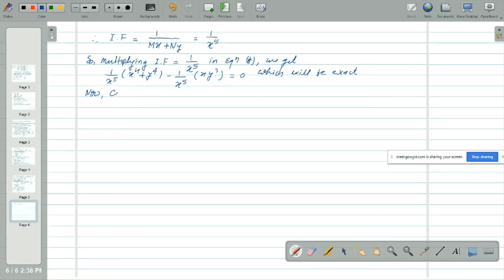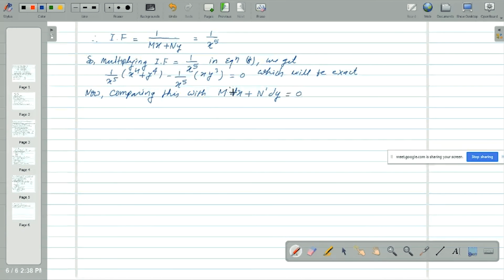Okay, now comparing this with the differential equation of standard form, that is m dash dx plus n dash dy equal to 0.